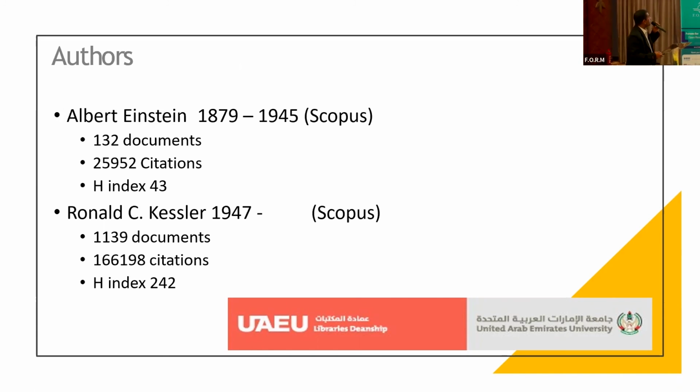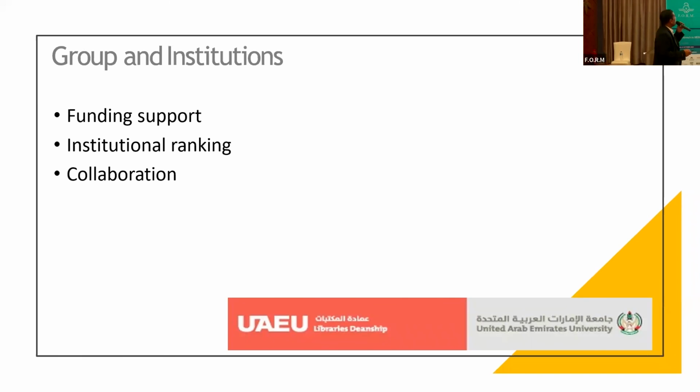The most critical one is the group and institutions. Now more and more institutions are under pressure to show credibility. It is pressure from the government and research fund authorities, because we have to show what we invested for.